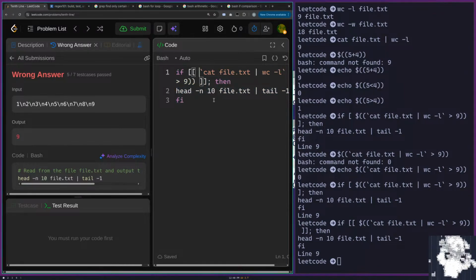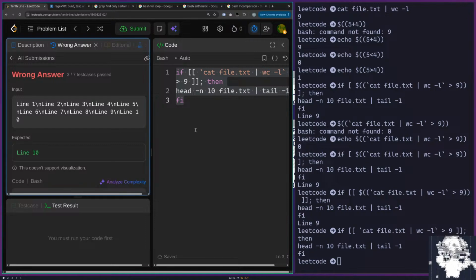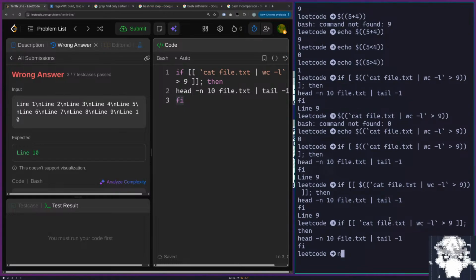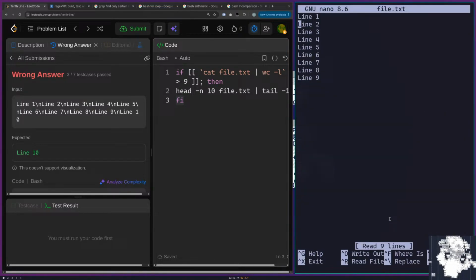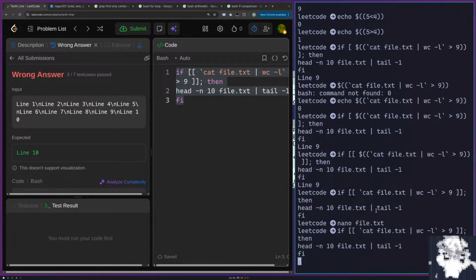But in the example, they didn't have the... Ah, okay. Submit that. They didn't have the $ open parentheses. Oh, well now this failed on the easier example. Nano file.txt, line 10. Now that's not doing anything.